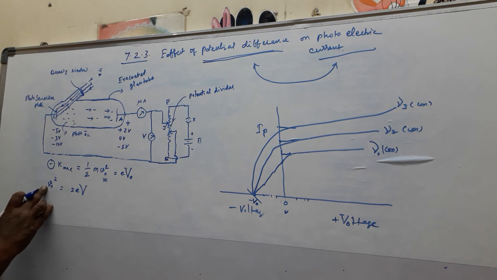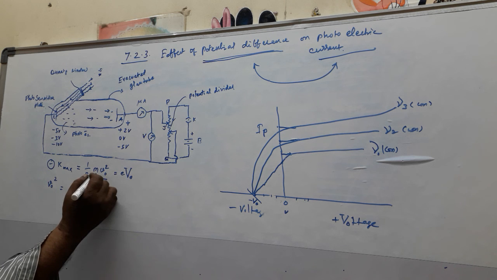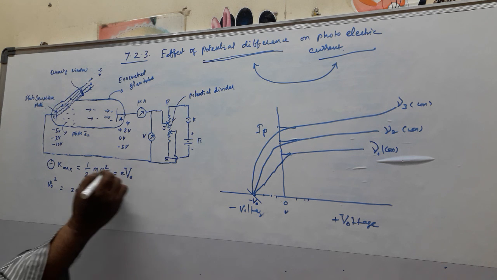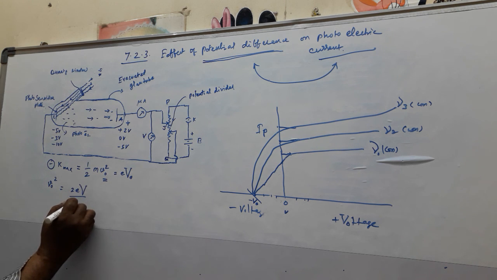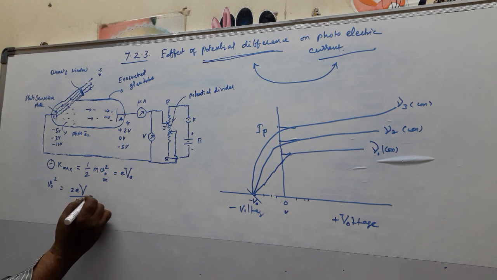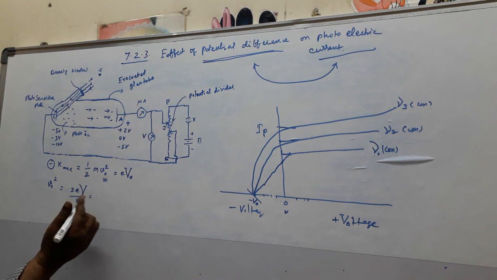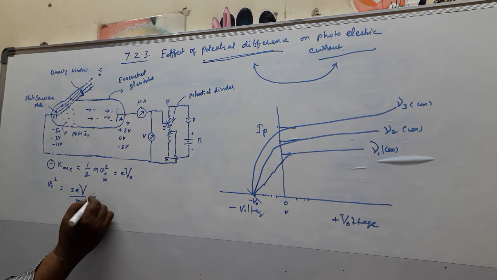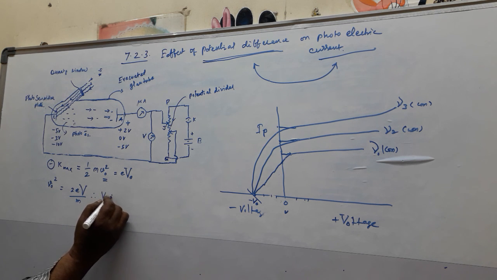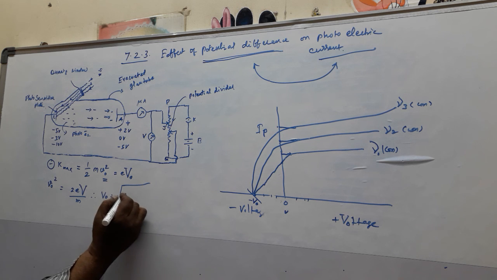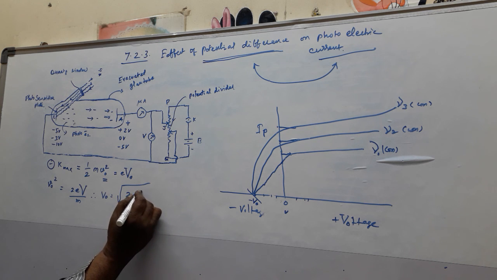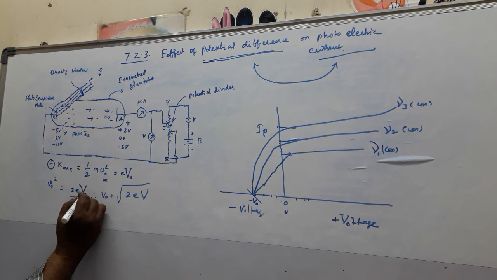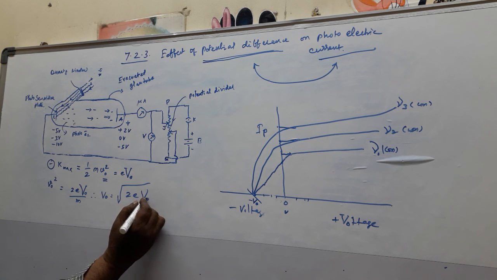Okay. v0 squared equals 2eV0 divided by m. Therefore, v0 equals the square root of 2eV0 divided by m.